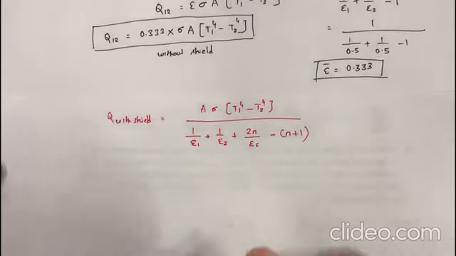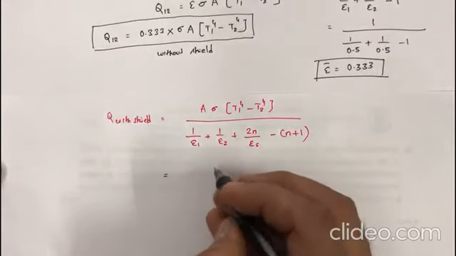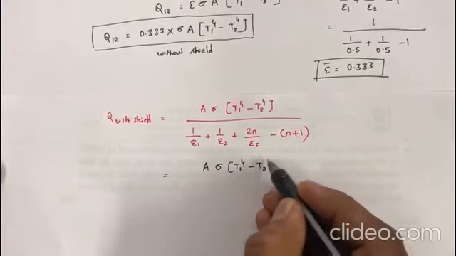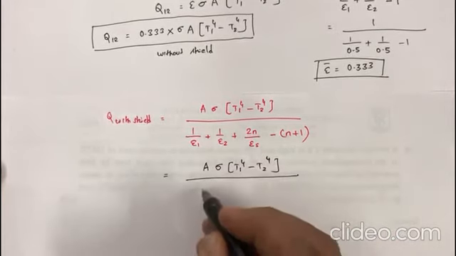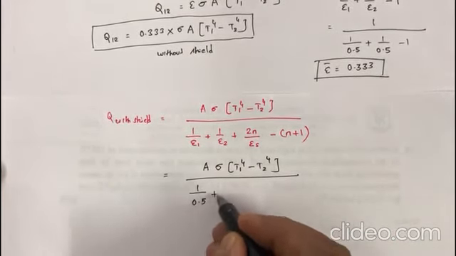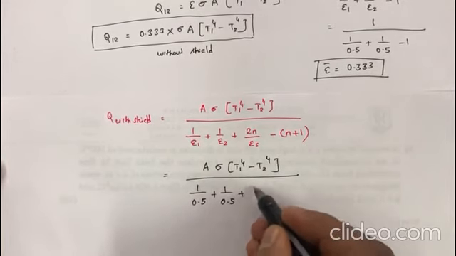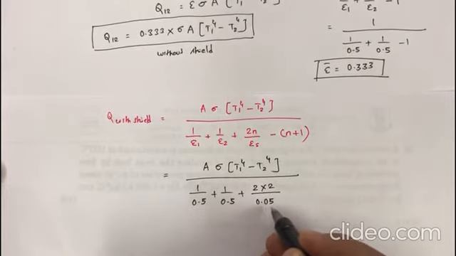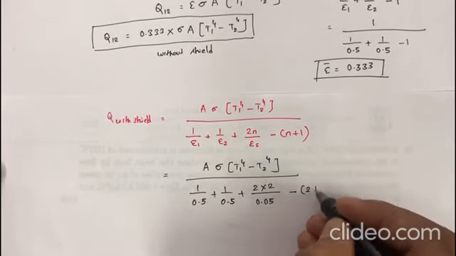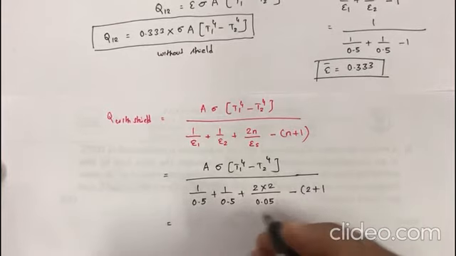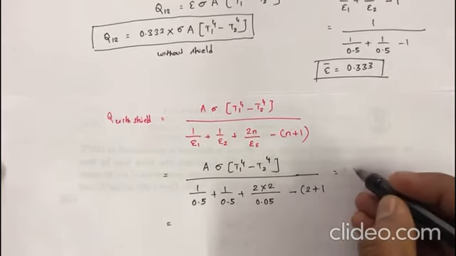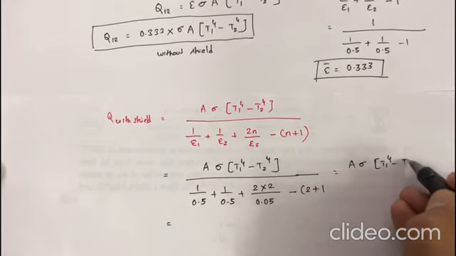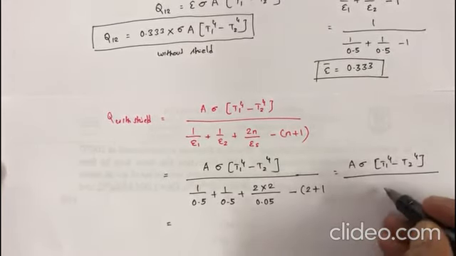Now let me substitute the knowns here. So A sigma T1 power 4 minus T2 power 4 divided by 1 by 0.5 plus 1 by 0.5 plus 2 into 2 shields, each of them having emissivity of 0.05, minus 2 shields plus 1. So this will be A sigma T1 power 4 minus T2 power 4 divided by this one.